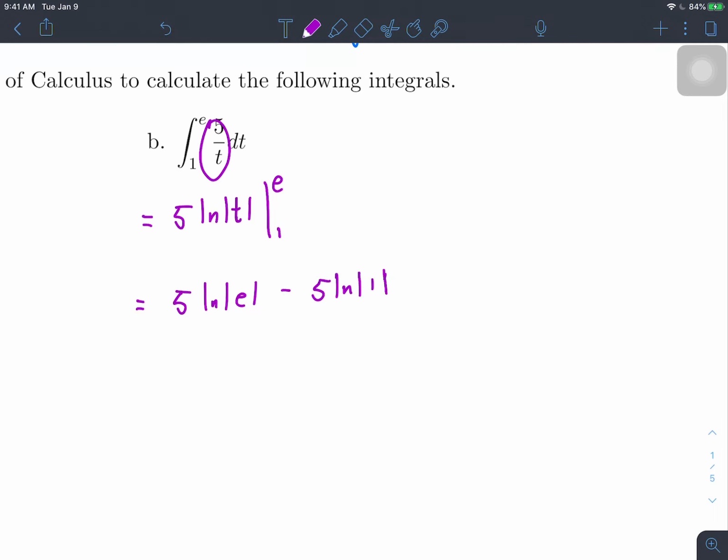And ln of 1, what's that? What's 5 times ln of 1? Well, if I have y equals ln of 1, what's the corresponding exponential equation? I should have e to the something equals something.